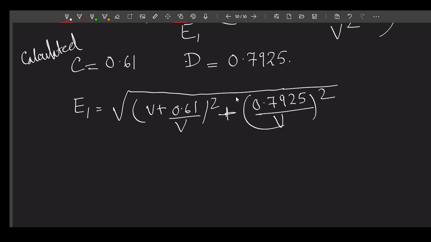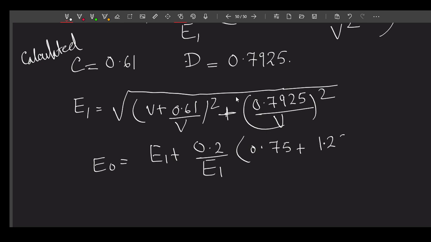So, doing that, you'll get some value. This is what we are getting.